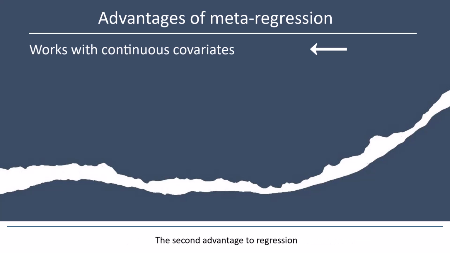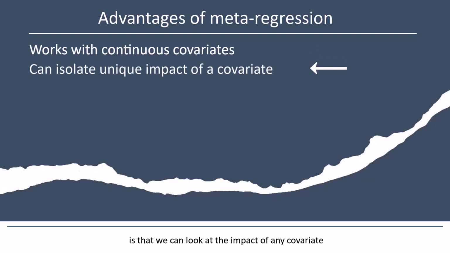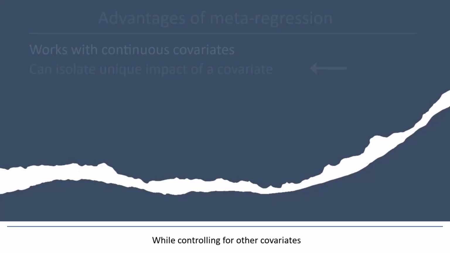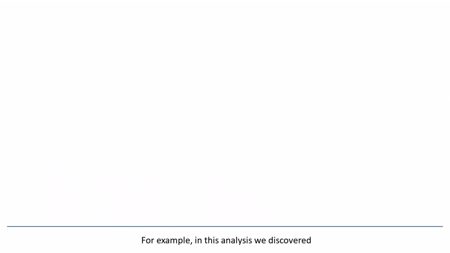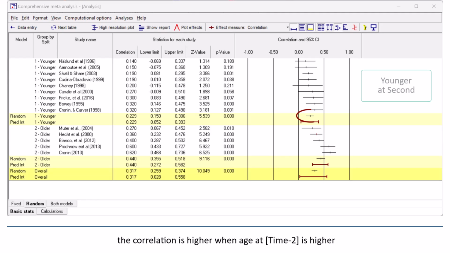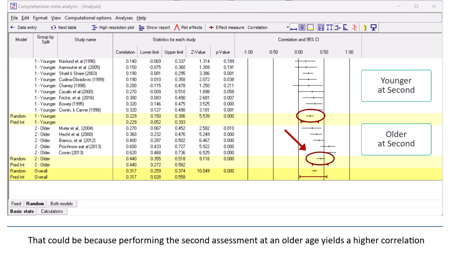The second advantage to regression is that we can look at the impact of any covariate while controlling for other covariates. For example, in this analysis, we discovered that the correlation is higher when the second assessment was performed at an older age. That could be because performing the second assessment at an older age yields a higher correlation.